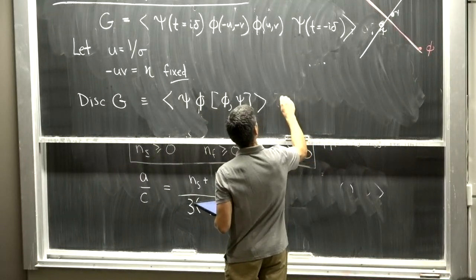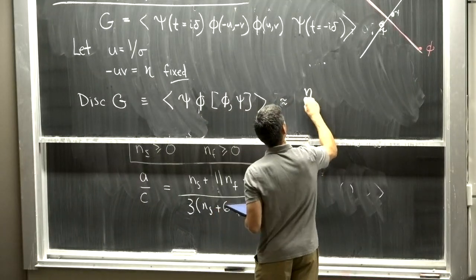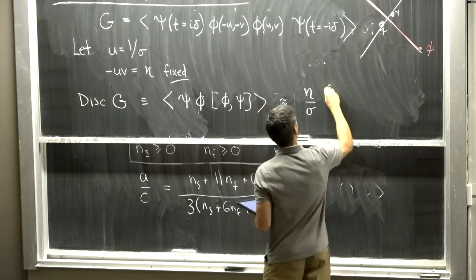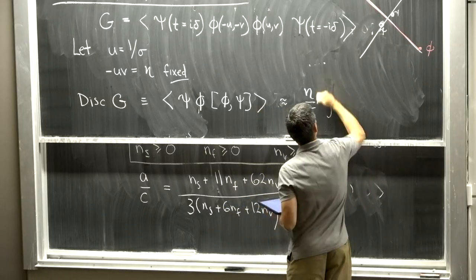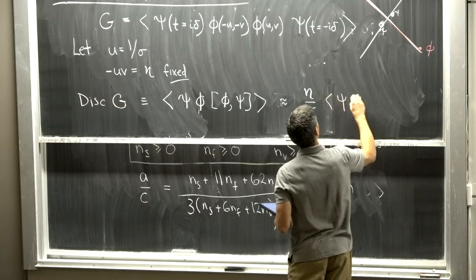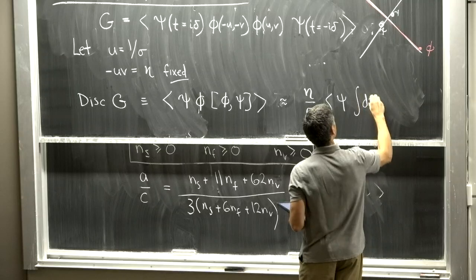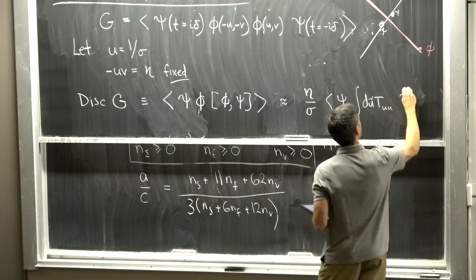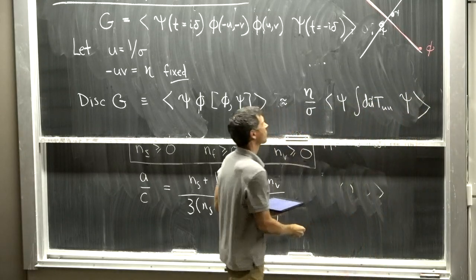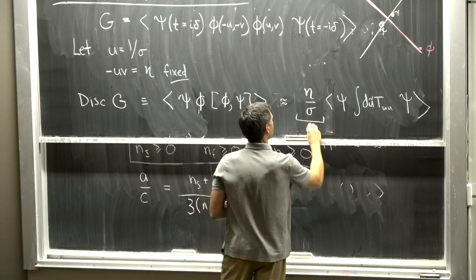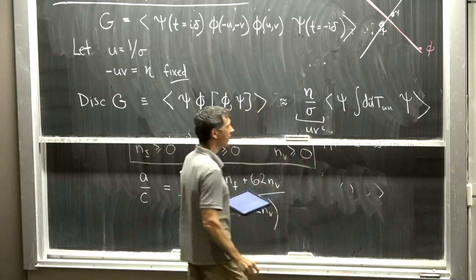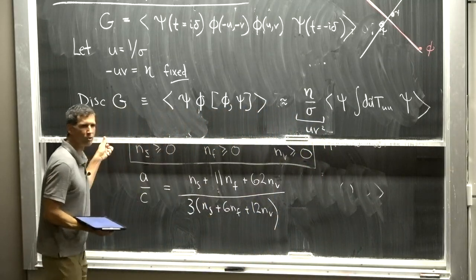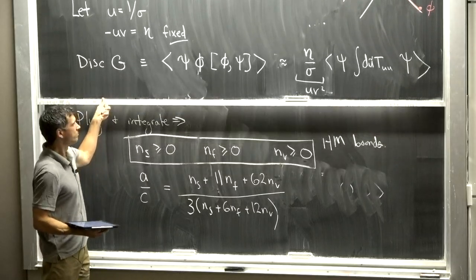So this is approximately eta over sigma times the integral, or sorry, psi integral du tilde T_uu psi. This prefactor here is just the uv squared that we had before, rewritten in terms of our new variables, eta and sigma.